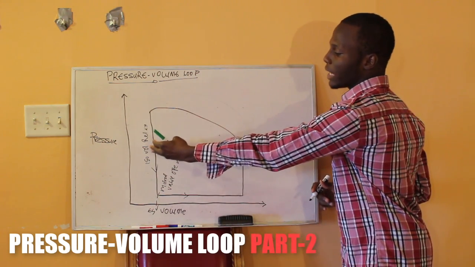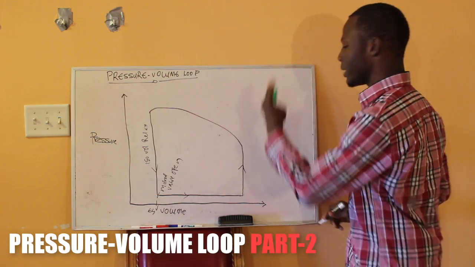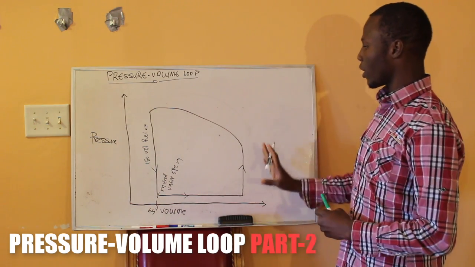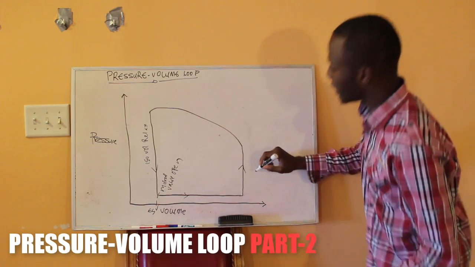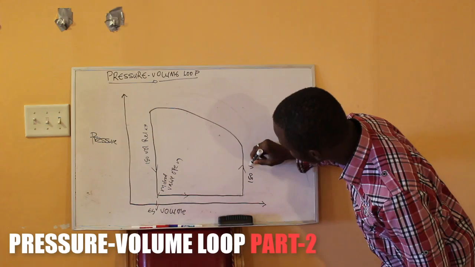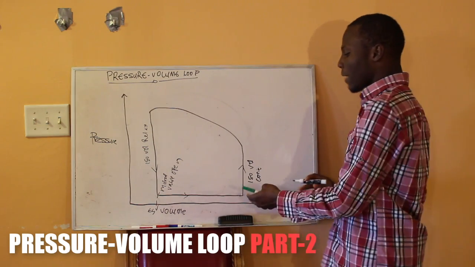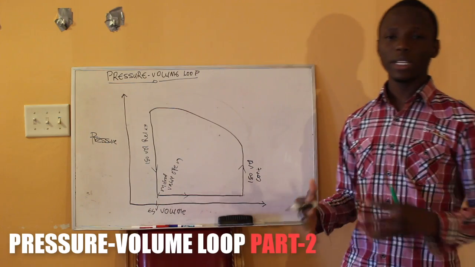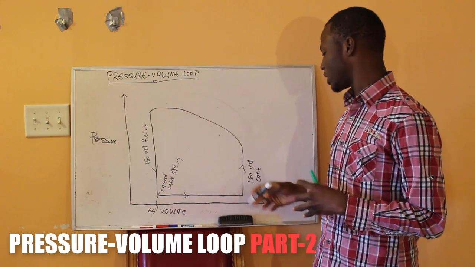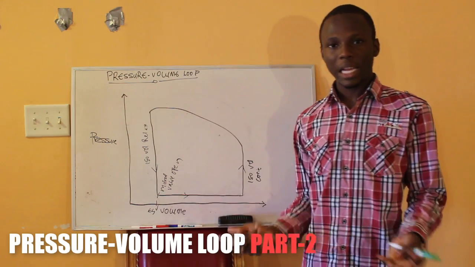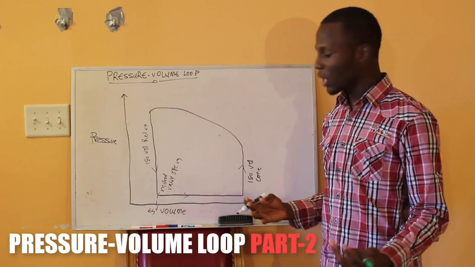Just as we have our isovolumetric relaxation, here we see another vertical line going up, on our right hand side, and we call it isovolumetric contraction, right? Here the ventricle is contracting, but at this phase of the contraction, there is no ejection. Because there is no ejection, I call it isovolumetric contraction.